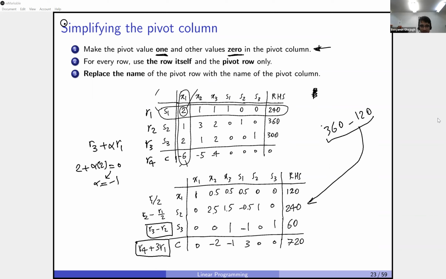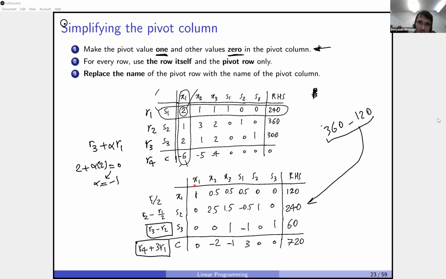So you have these elementary row calculations in this pivot row that you had, you want that pivot value to become 1 and all of the other ones become 0. And why do you do that? Because in the Tableau method, you always want to find the variables where it has only one value and all the rest as 0.